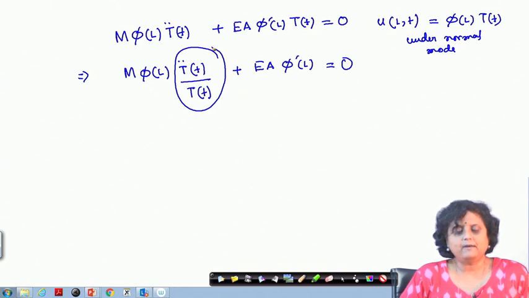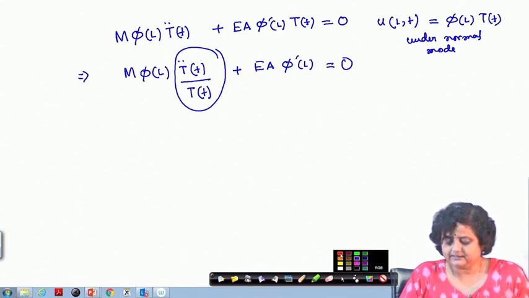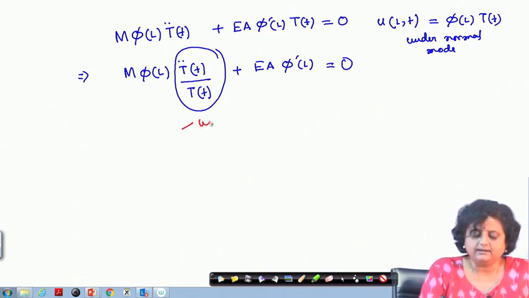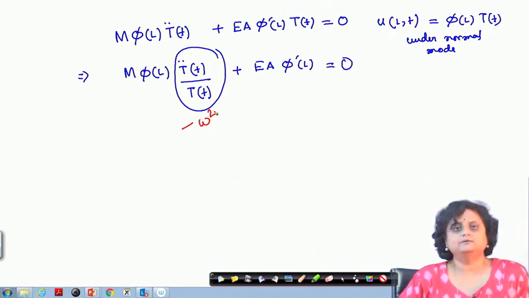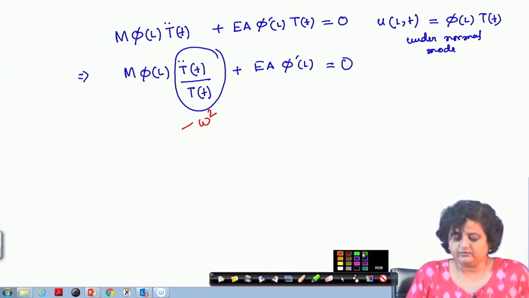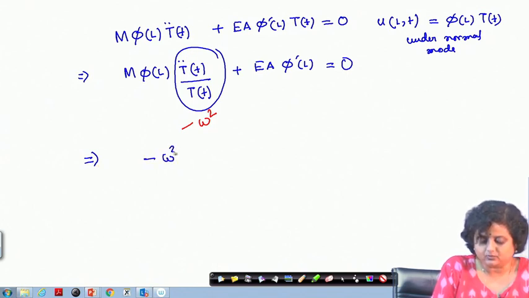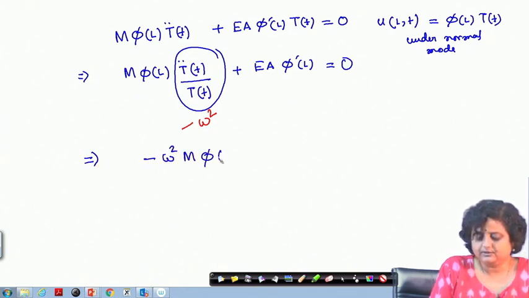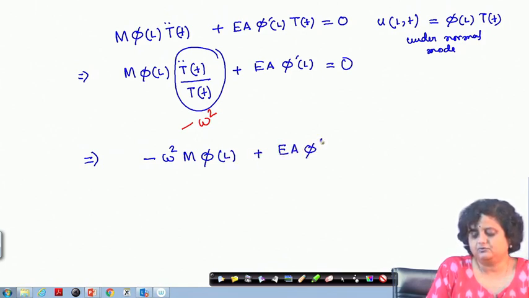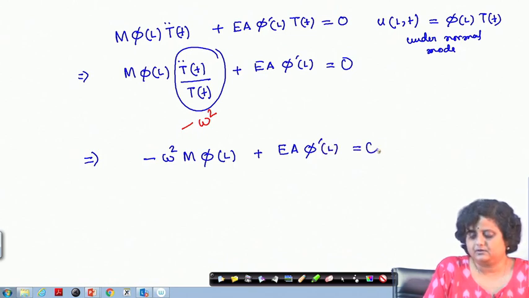If we go back to what we have done when we were physically explaining the meaning of a normal mode of vibration, we had seen that this ratio was minus omega square, where omega is the natural frequency of the system. So, I just write that down in the above equation, and I write this as minus omega square m phi L plus E a into phi dash L equals to 0.